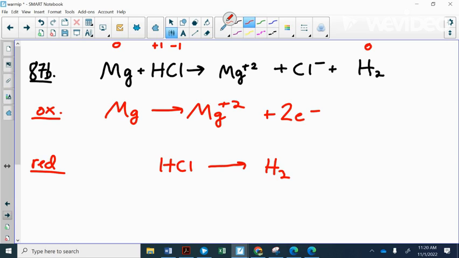Okay. There's always only one thing getting oxidized and one thing getting reduced in the equation, ever. Okay? Good question. All right, so I need to balance my chlorines. So do you see there's another product that I can put on the right that will help me balance my chlorines? The Cl minus. So you got to add that guy in to help balance out your chlorines.